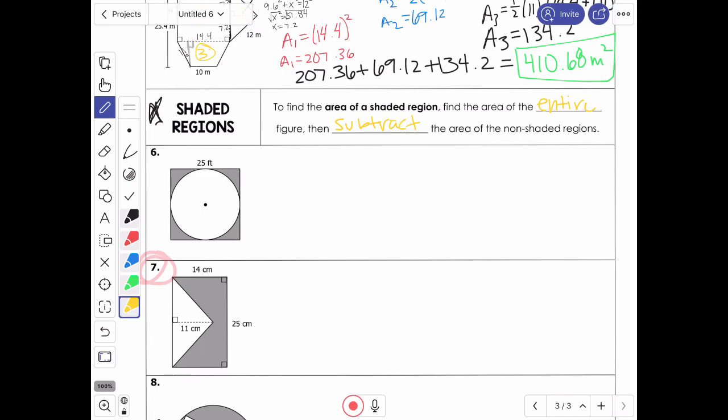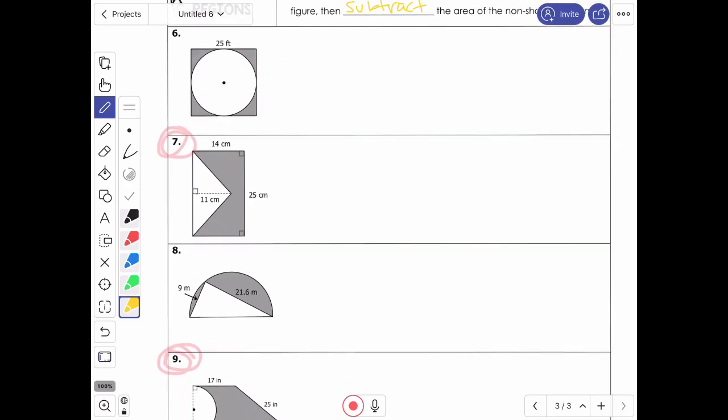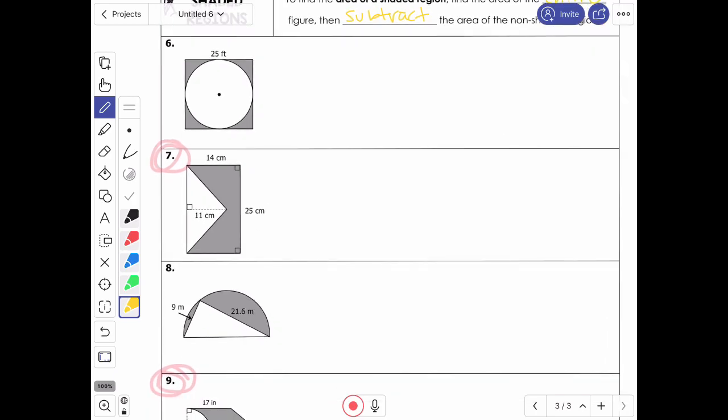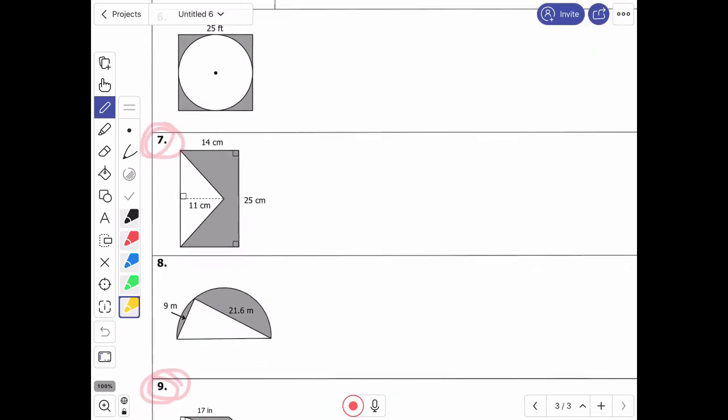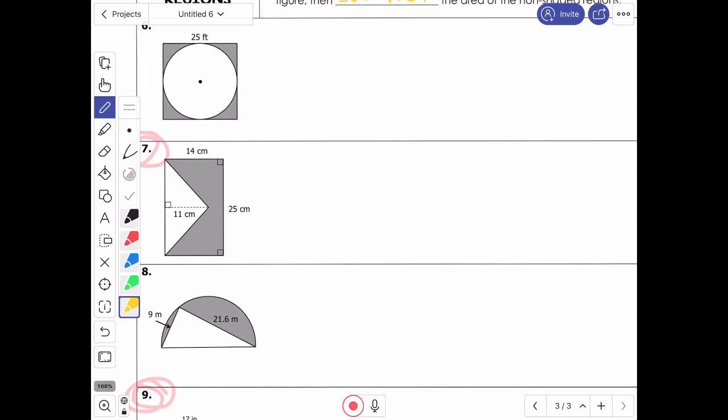Okay, so you're going to do number 6 and number 8, but I'm going to do 7 and 9 as an example. So for number 7, the entire figure is this rectangle. So I'm going to find the area of this entire rectangle, and then I'm going to subtract this white triangle.